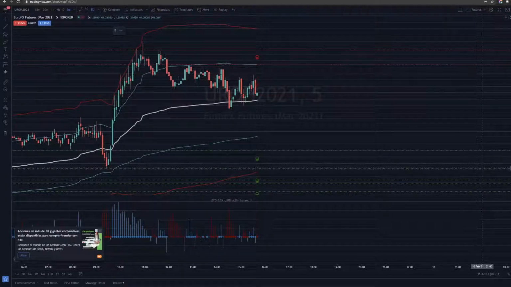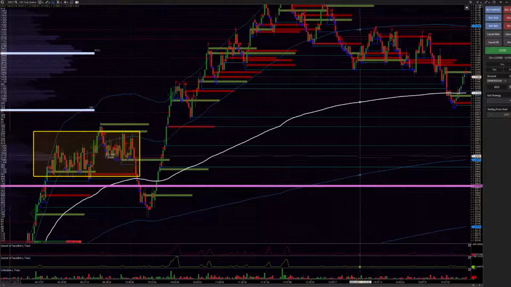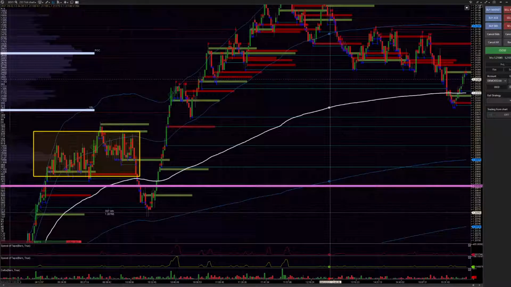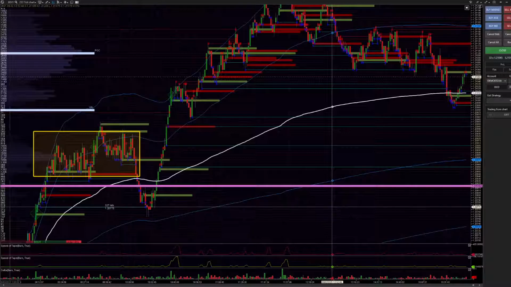Okay, so let's take a look at the edge of this zone, which is 1.2755. Go back to the chart and we put, see what's here.